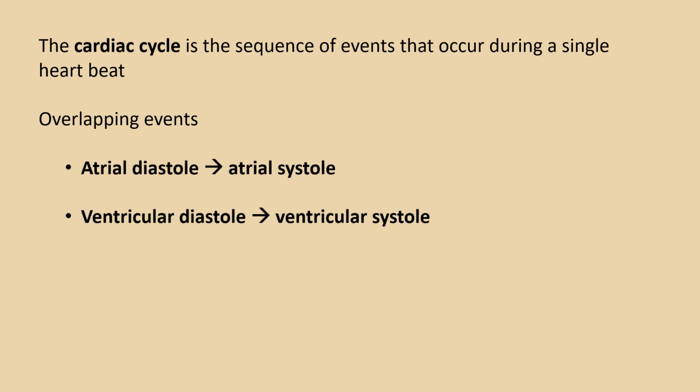They are overlapping, and this might be new vocabulary for you. So diastole means relaxation, and systole means contraction. So in the cardiac cycle, we can begin with atrial diastole. The atria are relaxed, and they're receiving blood, and then they contract.